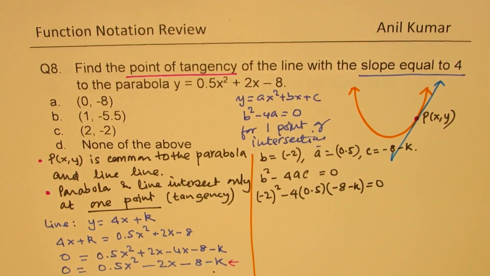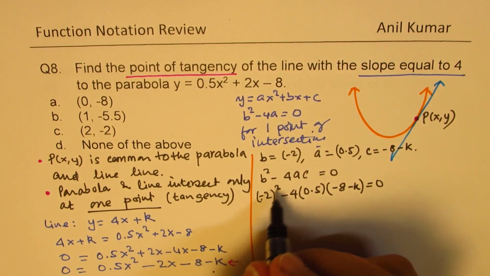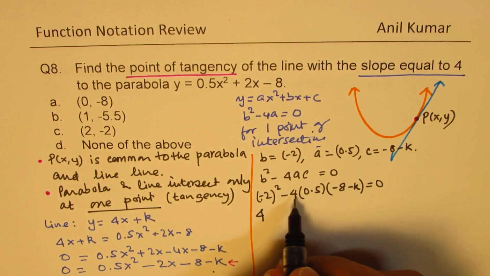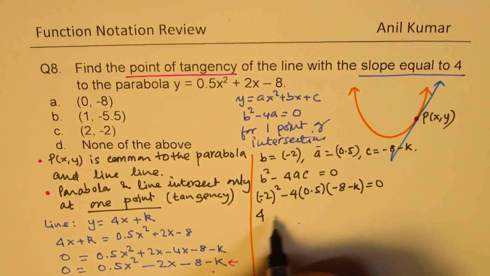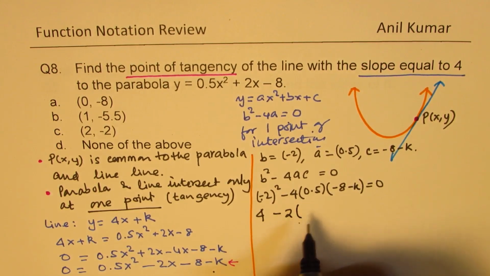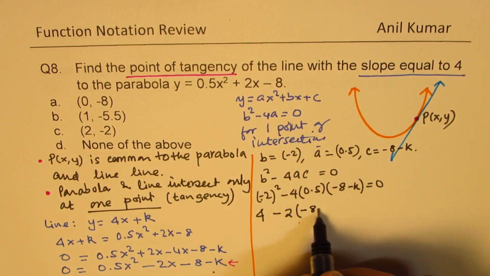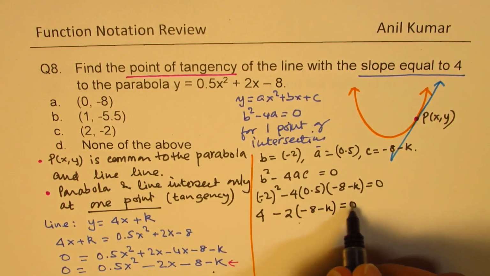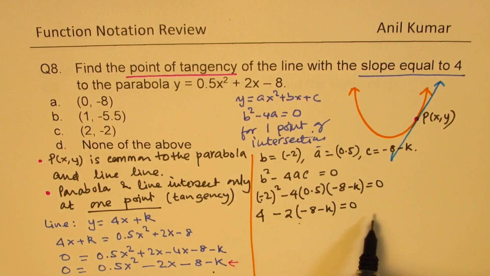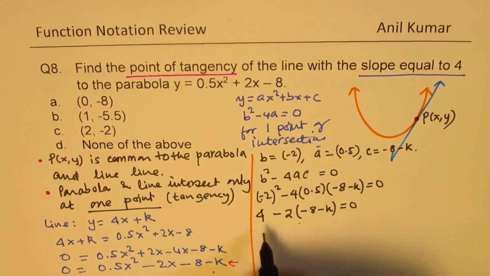Perfect. Now, minus 2 squared is 4, and 4 times half is 2. So we could write this as minus 2 times minus 8 minus k for now, right? We can now bring it to the other side and then figure out the value of k. It can be easily solved.